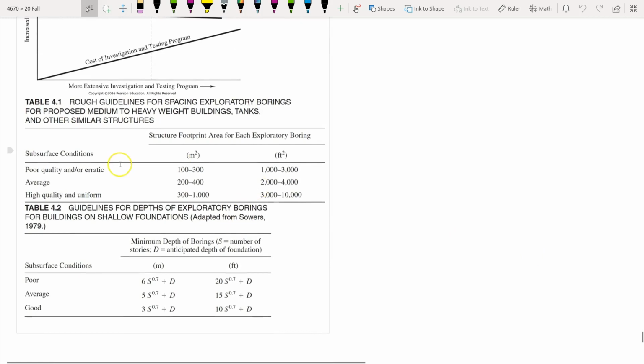So these two tables also give you an idea of how many boreholes you need. Boreholes means SPT and CPT.